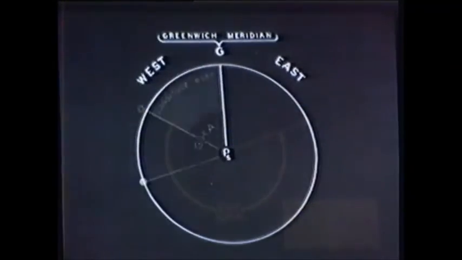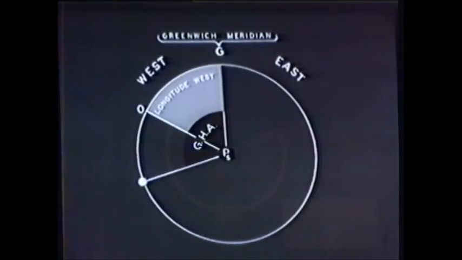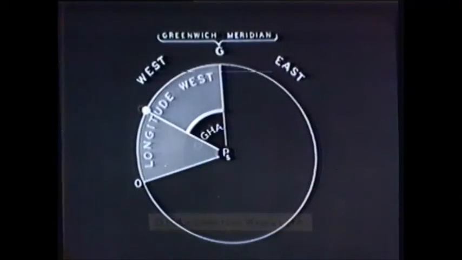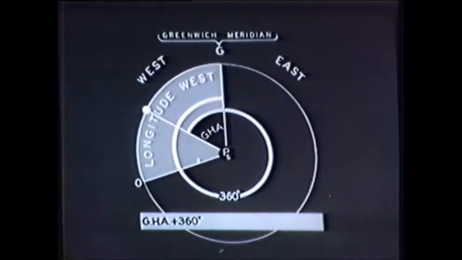We can see that to find the local hour angle when in west longitude, all we have to do is to subtract the longitude from the Greenwich hour angle. If the longitude is greater than the Greenwich hour angle, we must then add 360 degrees to the Greenwich hour angle before subtracting the longitude from it.